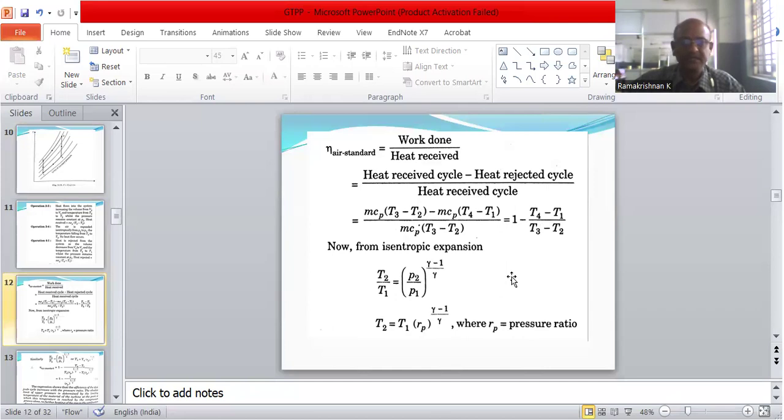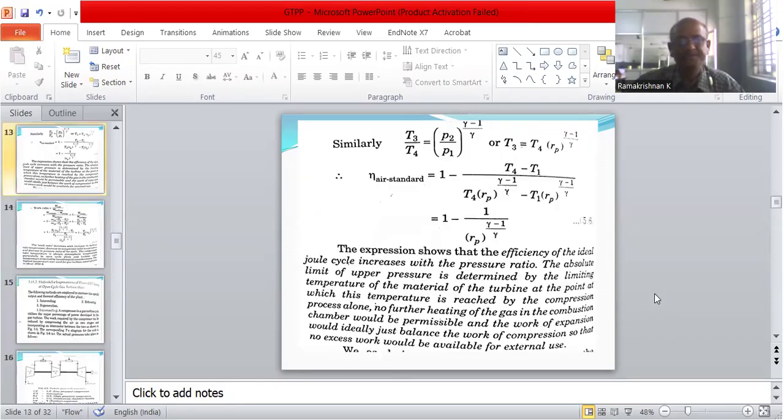As the process is considered isentropic, 1 to 2 is the isentropic process in compression, T2 by T1 equals (P2 by P1) to the power (gamma minus 1) divided by gamma. By rearranging the equation, we get T2 equal to T1 into Rp to the power (gamma minus 1) divided by gamma. Rp here is the pressure ratio.